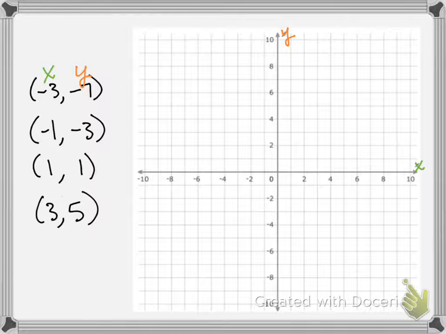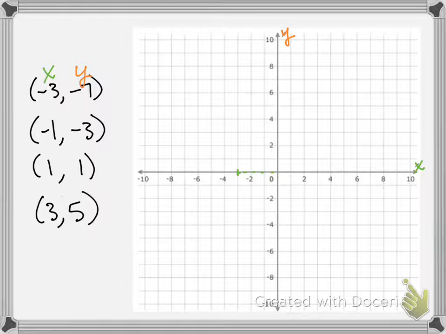I'm going to find -3 on the x-axis, so I need to start in the middle at the origin and move over until I get to, whoops, that was positive. So I need to go to the negative side. -3, which is right here in between -2 and -4.